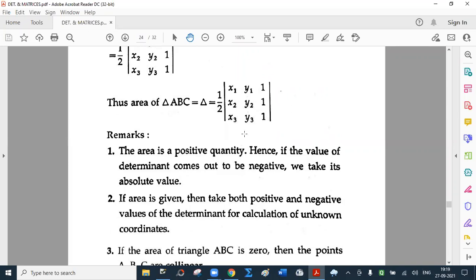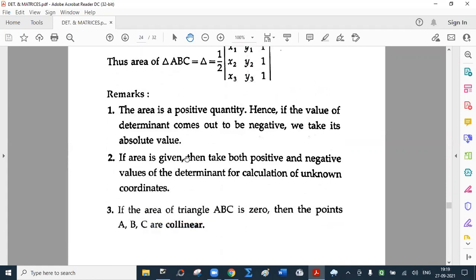So initially we do not know when directly area is given. Now third part, simple one. If the area of triangle ABC equal to 0, then the points A, B, C are collinear, obviously. Because if 3 points are collinear, a triangle will not be formed, so its area will be 0.